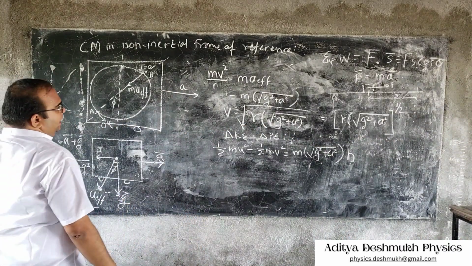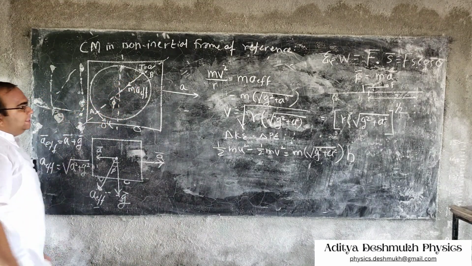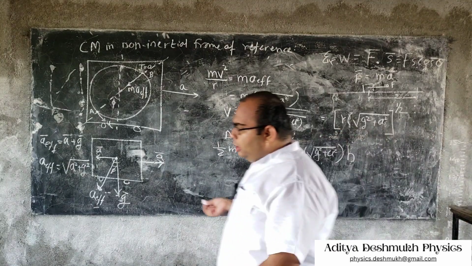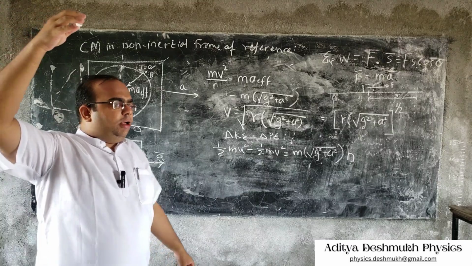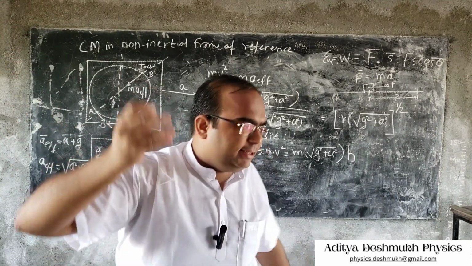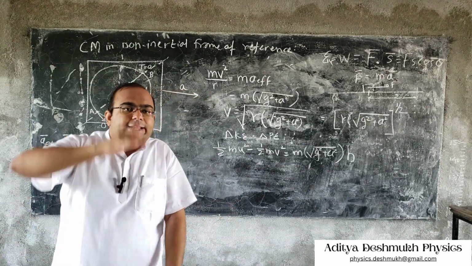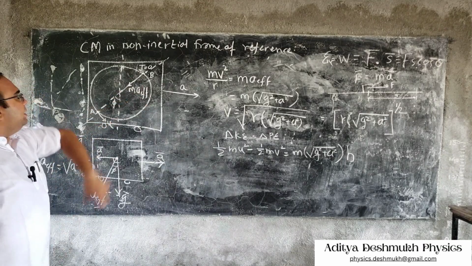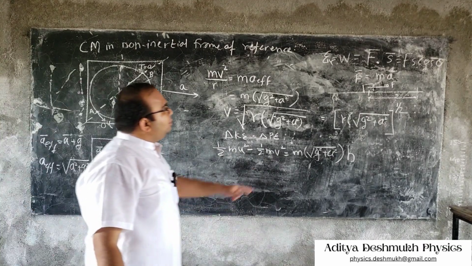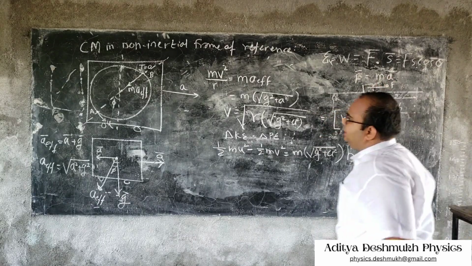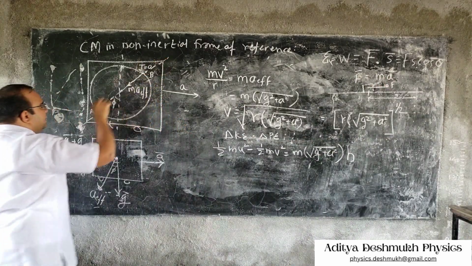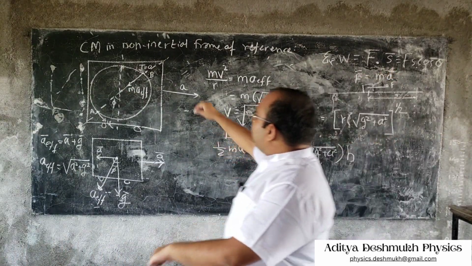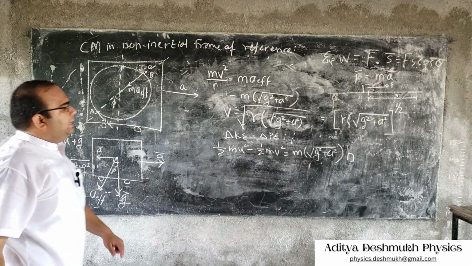If acceleration is along a certain axis, then for the potential energy difference, we take height along that axis. Until now it was vertical, so we were taking vertical distance. But now my force, that means my acceleration, is along a non-vertical axis, so my displacement will also be along that non-vertical axis.